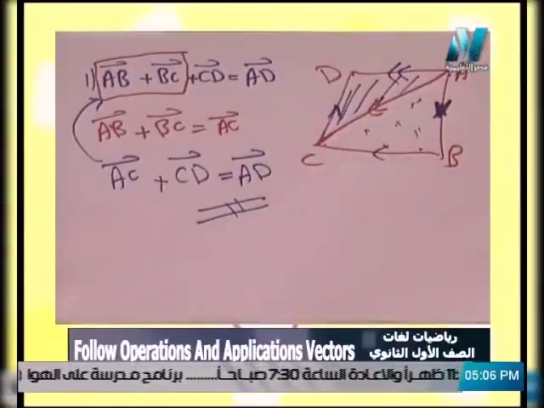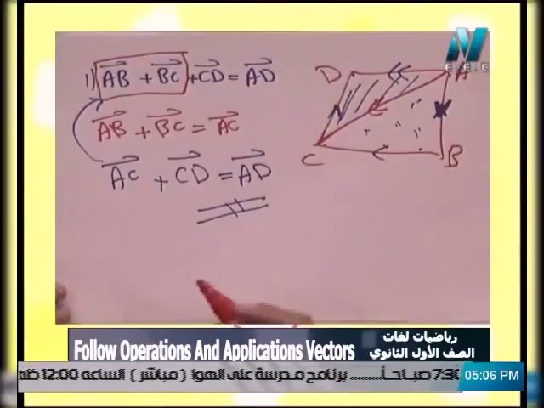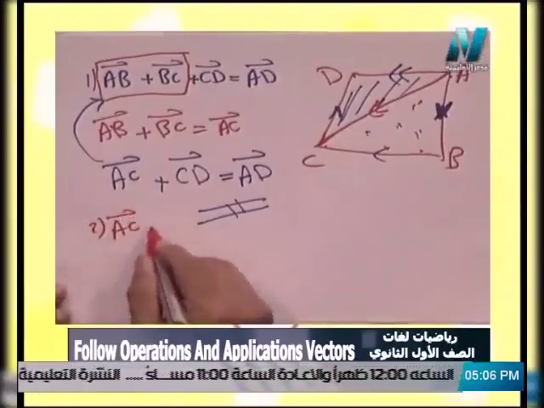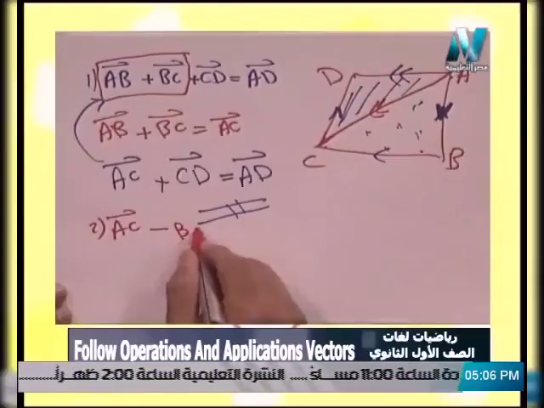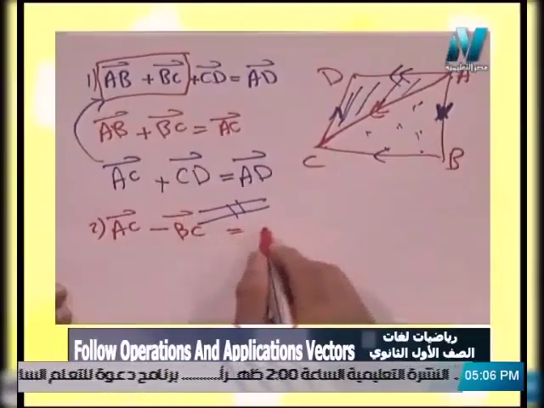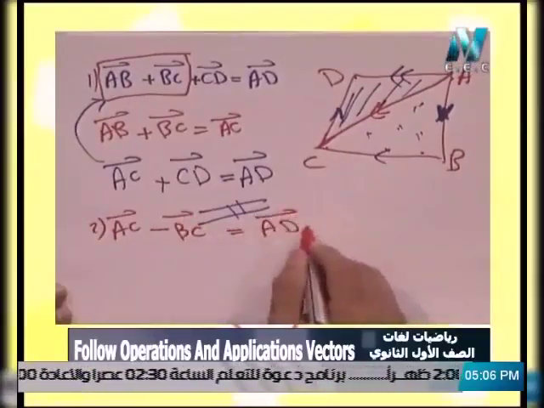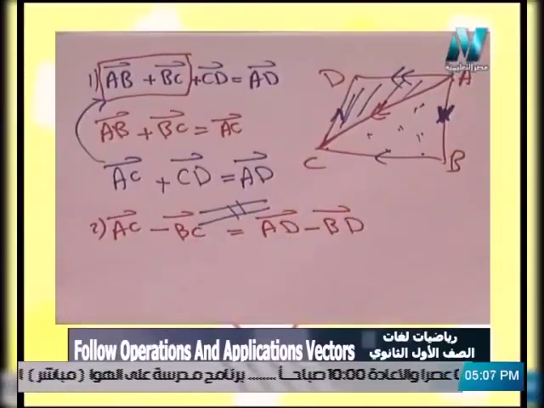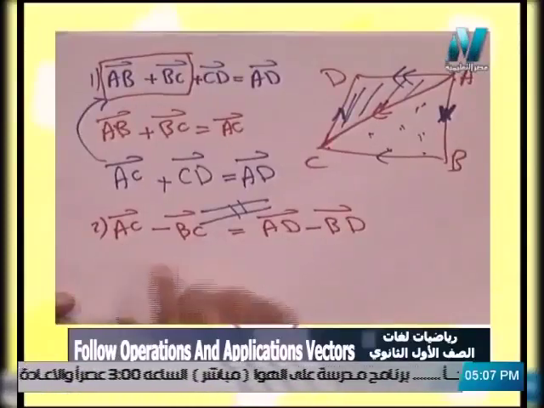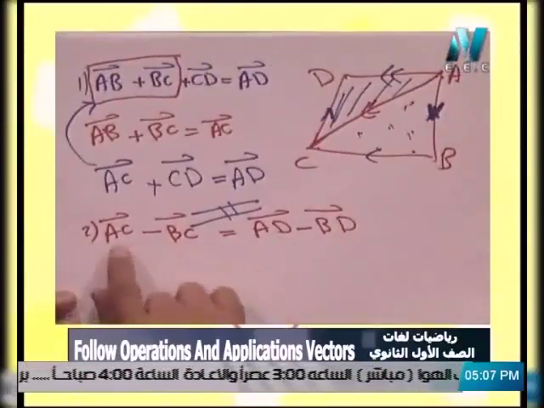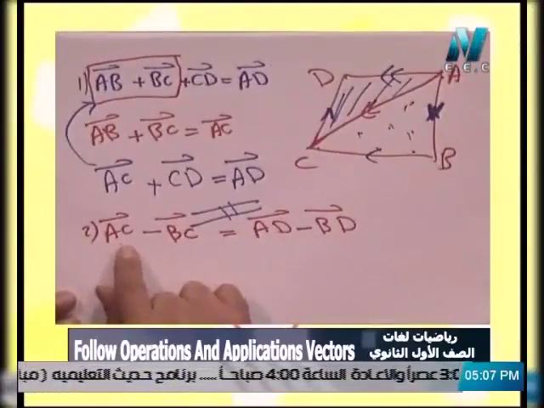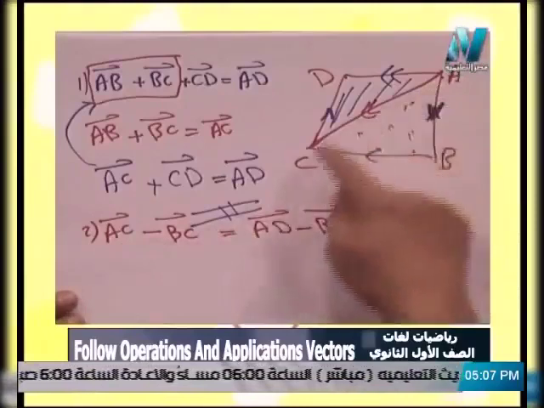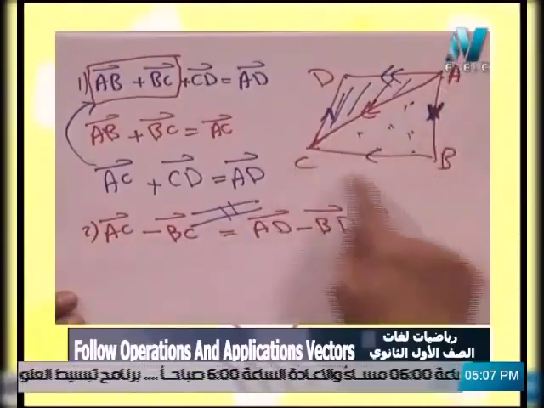We have another question here. Prove that the vector AC minus the vector BC equals the vector AD minus the vector BD. We know that here, AC minus BC, if we substitute AC by two vectors, AC equals AB plus BC.